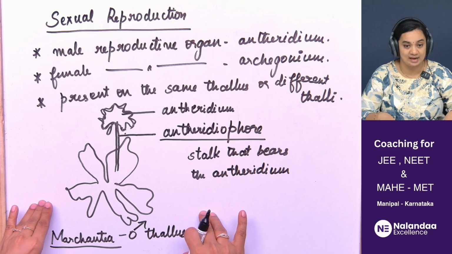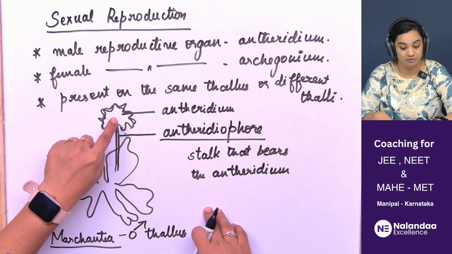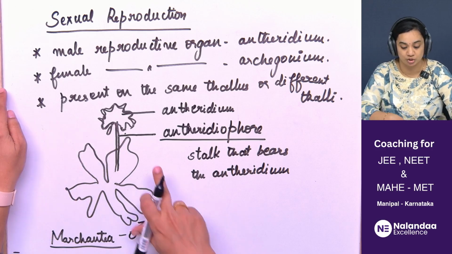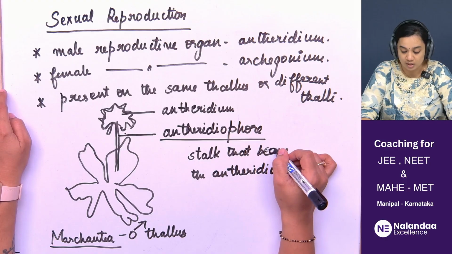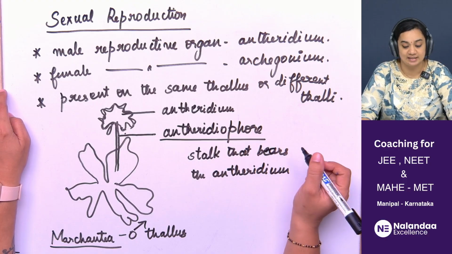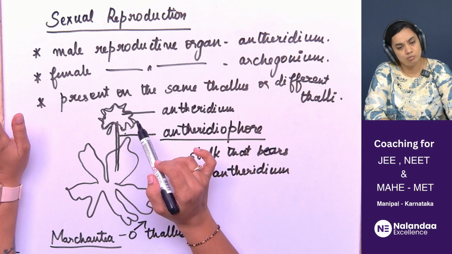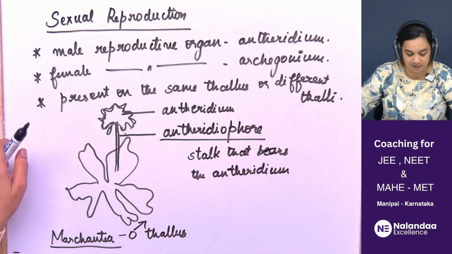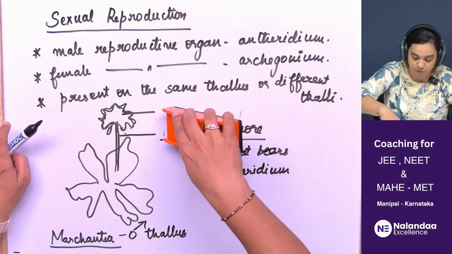So this is the male thallus of Marchantia, where the antheridium is present specifically on a stalk-like structure called the antheridiophore. Phore refers to the stalk that bears the antheridium. So at the tip there is the antheridium. Same way, archegonium will be present, except in that case we call it the archegonium and archegoniophore.